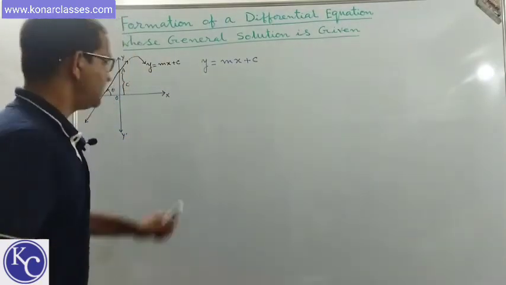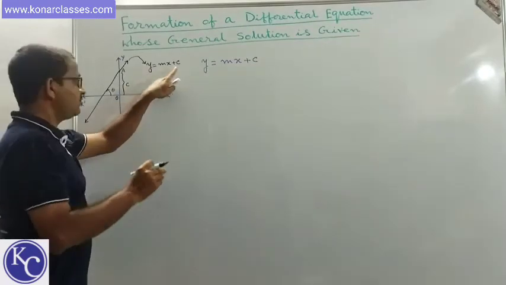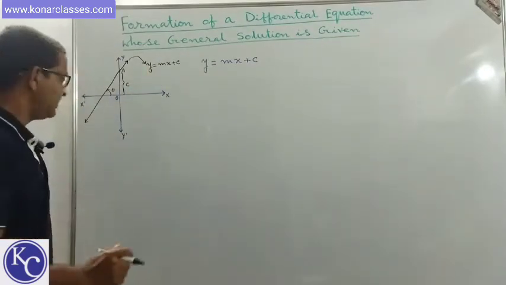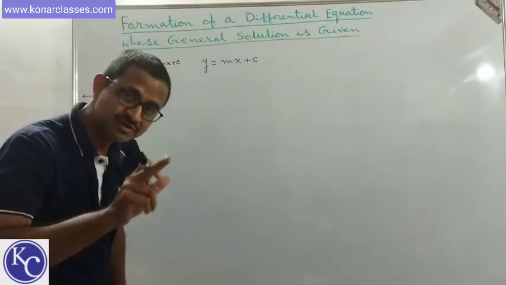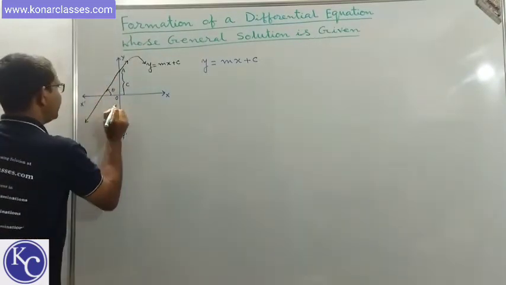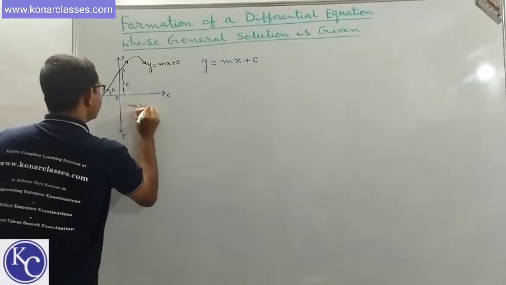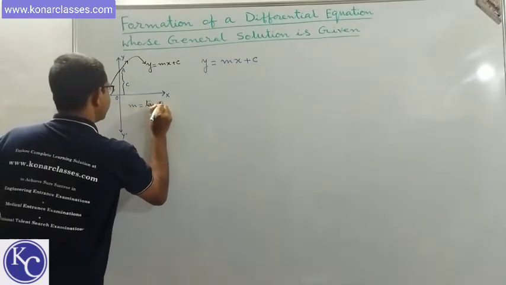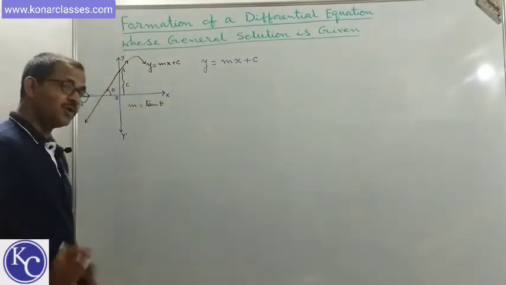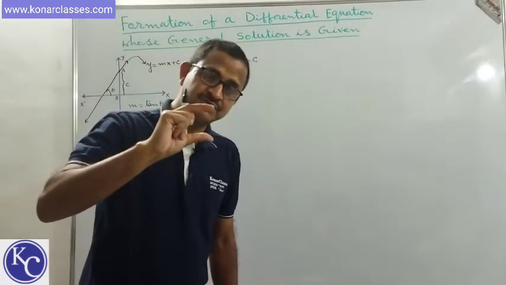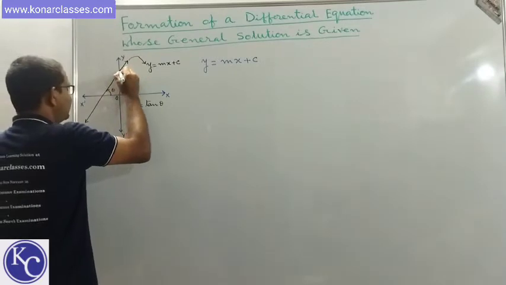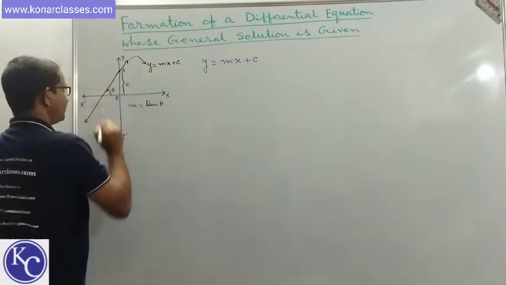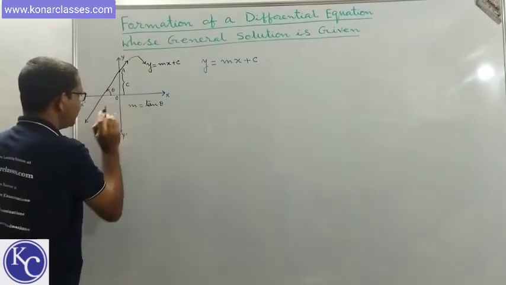On the other hand, if the equation of the straight line is y equal to mx plus c, we can say that if that straight line makes an angle theta with the positive direction of the x-axis, then m is equal to tan theta. And what is c? c is the y-intercept made by the straight line. That means that if the straight line intersects the y-axis at the point A, then this length OA is equal to c.